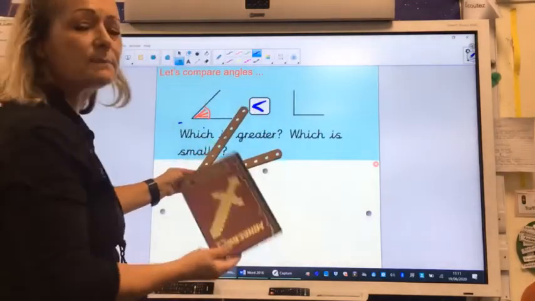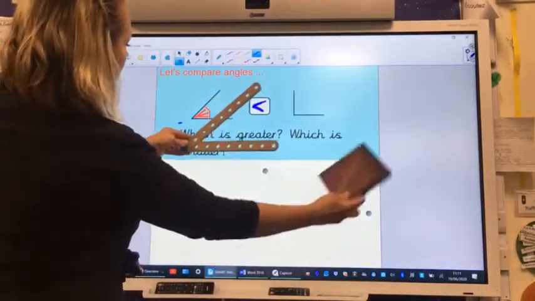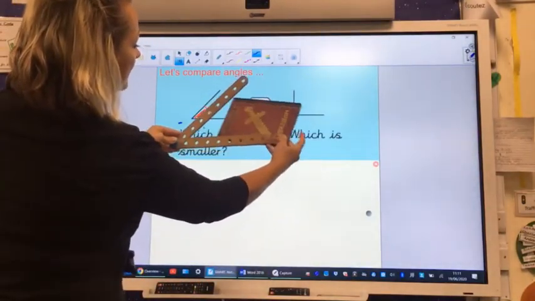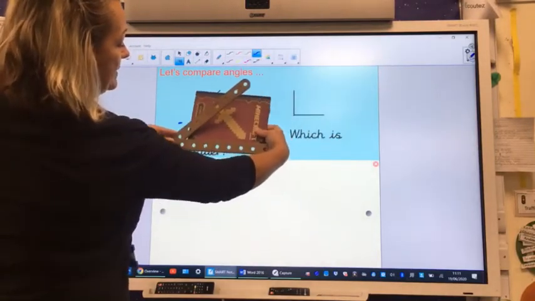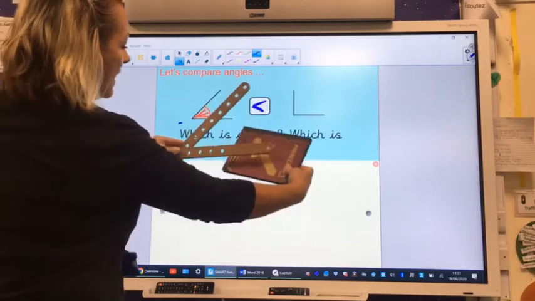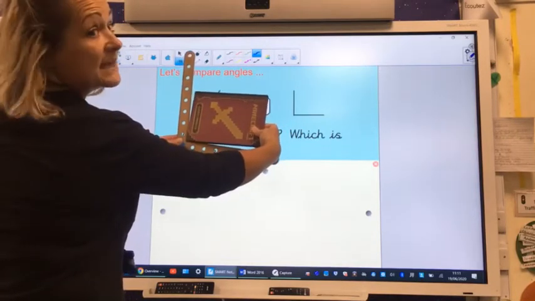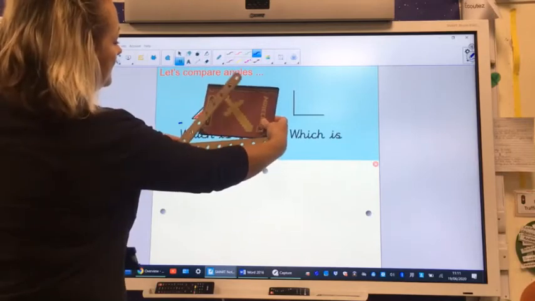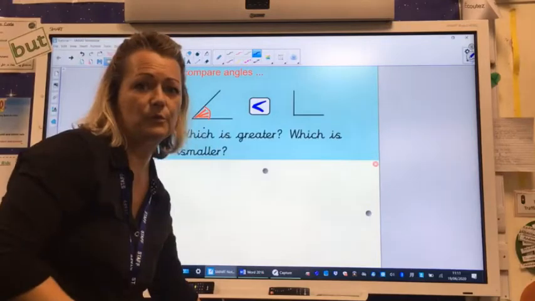If I try to place the corner of my book between those lines, I'll do it behind, you can see that whilst I can sit one edge of the book on my line, actually we're way off. That's nowhere near the 90-degree angle that's needed between my two lines to make a right angle. So this is definitely smaller.